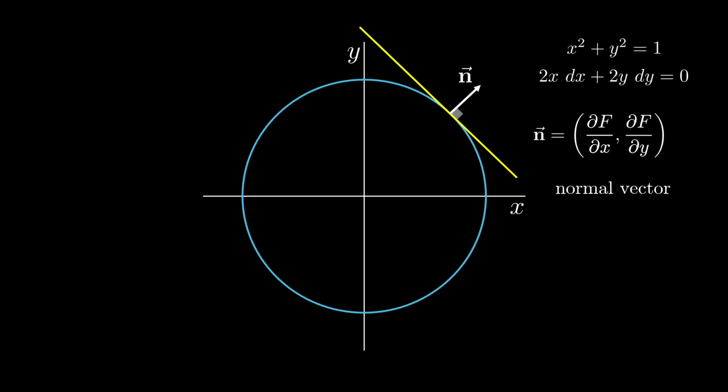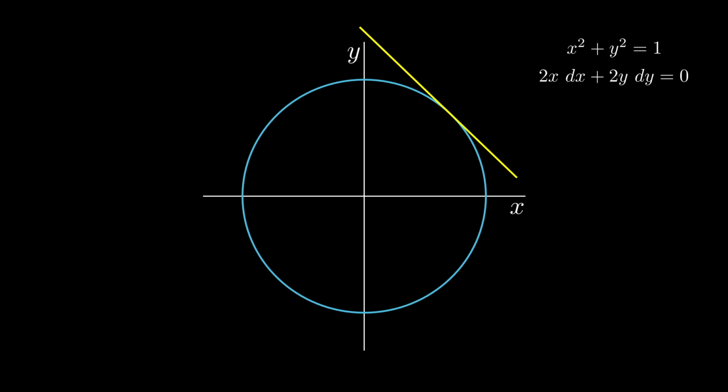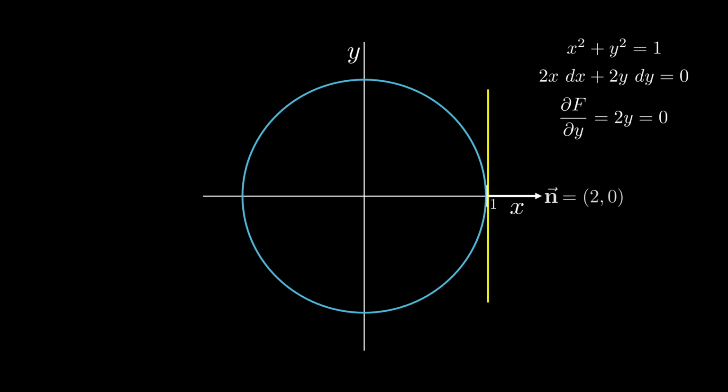Okay, so now we're ready to see what was wrong with our point (1, 0). At the point (1, 0), let's see what happens with our normal vector. Here's our tangent line, and remember the partial derivative of f with respect to y was equal to 2y. So in this case, our normal vector takes the form (2, 0).